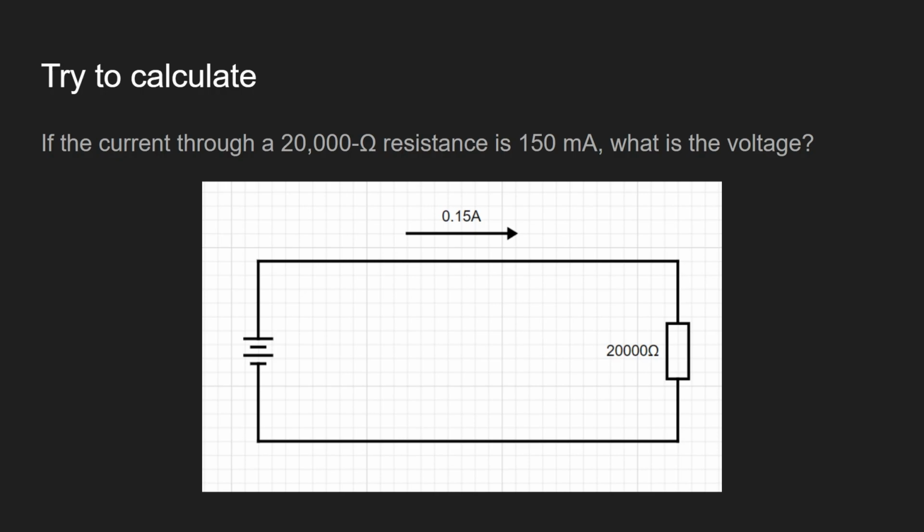We know that I equals 150 milliamp, which is 0.15 amp, and R equals 20,000 ohm. So we know V equals IR.